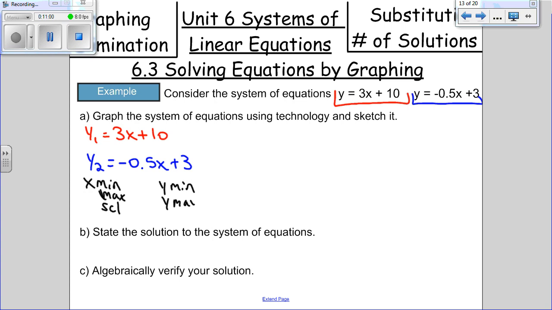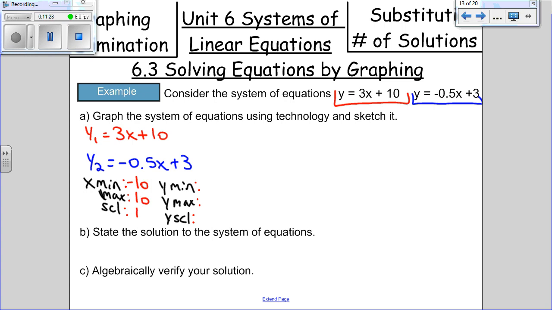We always start off in what I call our standard window. Your standard window is a -10 by +10 grid. That means your x minimum would be -10. That's how far to the left you want to see on your graph. Your x max would be +10. That's how far to the right you want to see on your graph. And your scale will just always be 1.